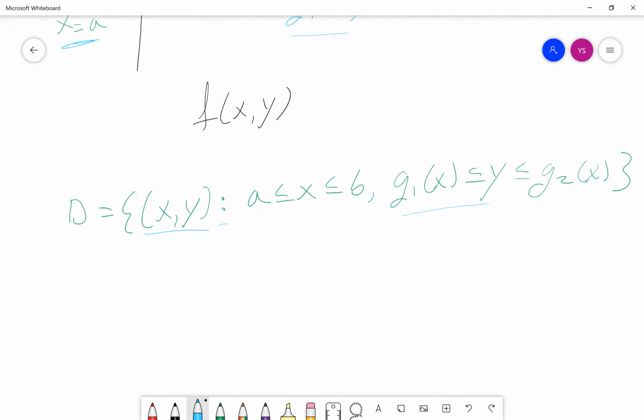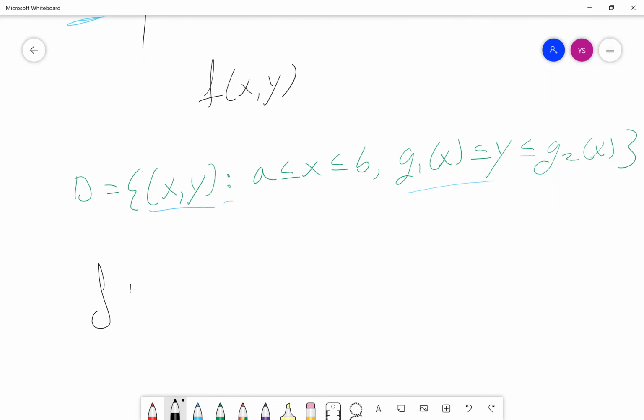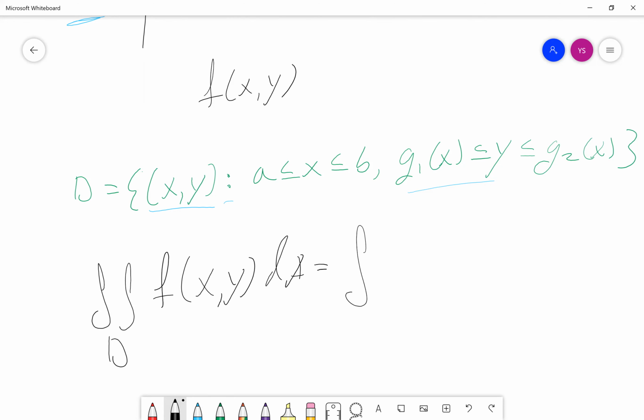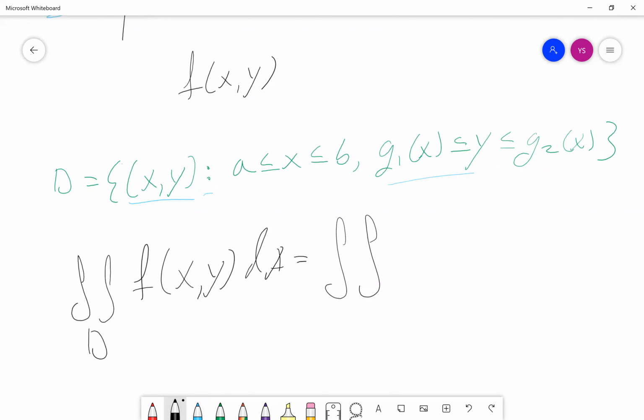So if you're given this type of integral, you write it out. So first, the integral along this domain of f(x,y) dA is going to be, and now because your x are constants, you have to put the x in the second integral. So this is a to b, and this is the integral with respect to x, and then you put your dx outside.